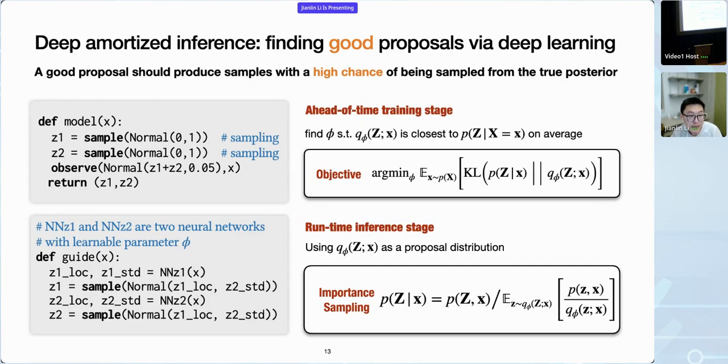There are two stages in it. The ahead-of-time training stage is to find such phi. Guide programs Q parameterized by phi and x can be applied to different observations repeatedly at runtime. Then, at runtime, with such Q_phi, the learned guide program, inference would hopefully be cheap.